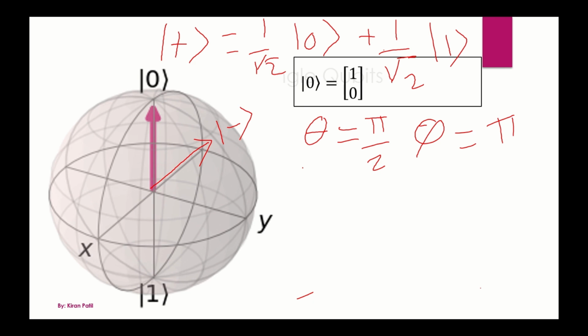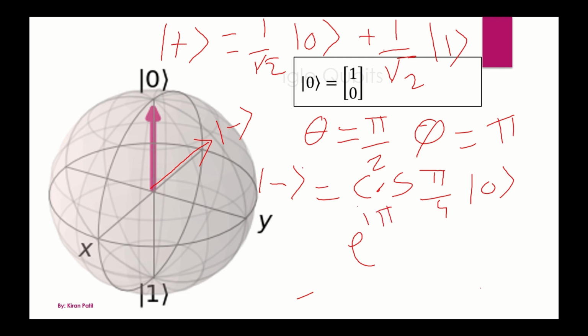So when we put this in the equation of the qubit, what will we get? cos pi by 4 |0> plus e raised to i pi into sine pi by 4 |1>.